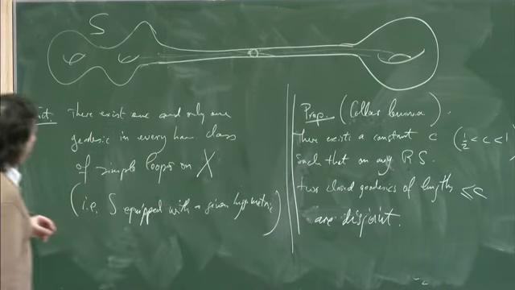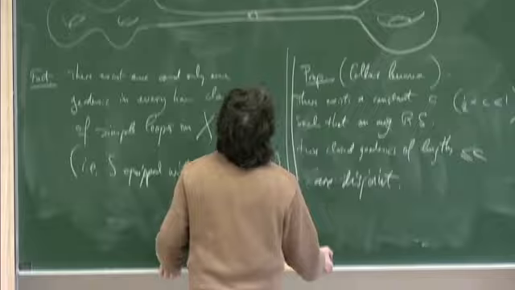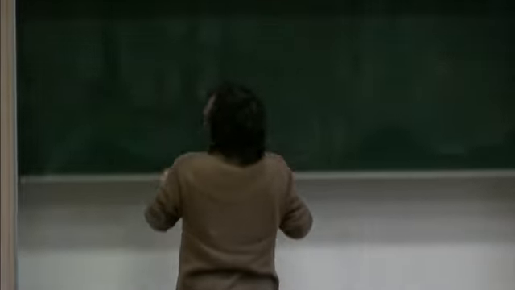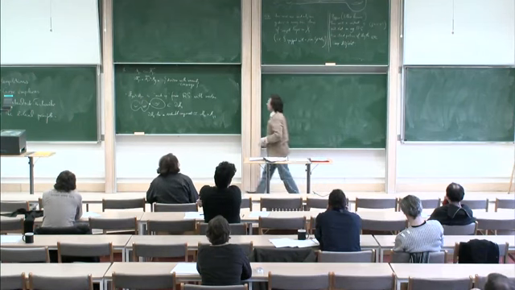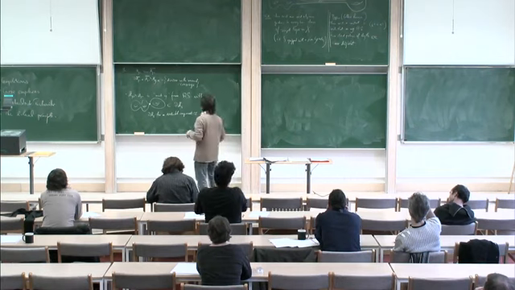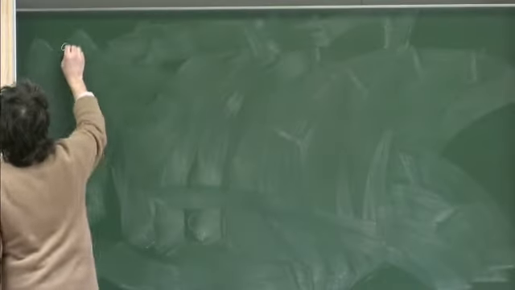So you have this, and what do I want to say? Yeah, and so okay, so this is more like this, and so in genus 0, let's go back to genus 0.